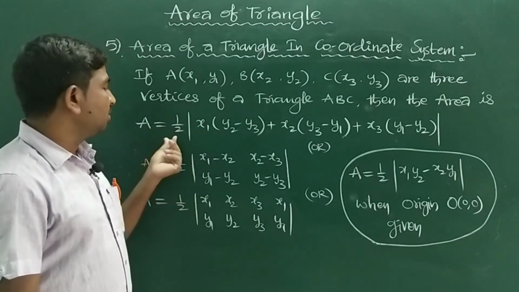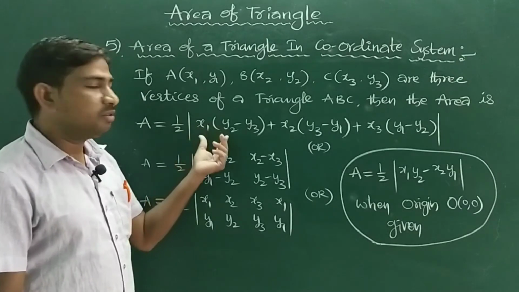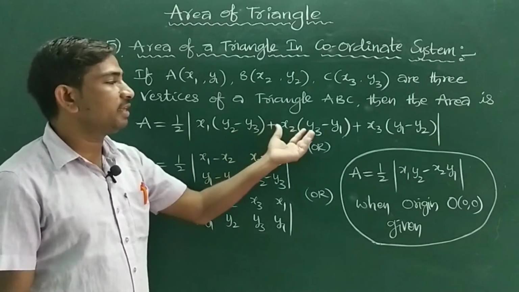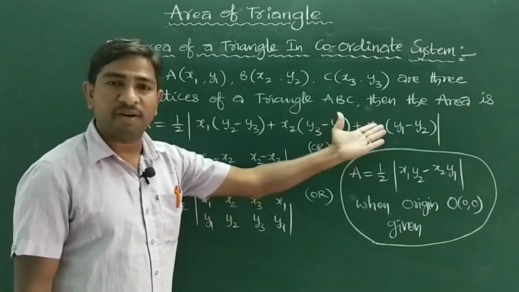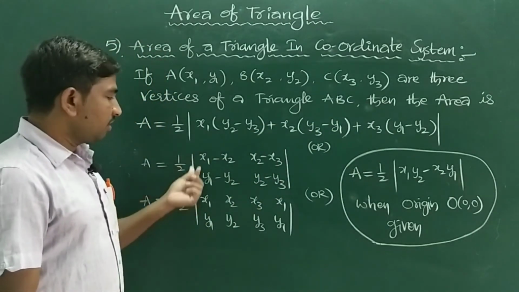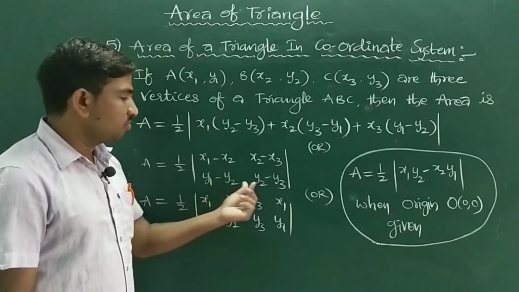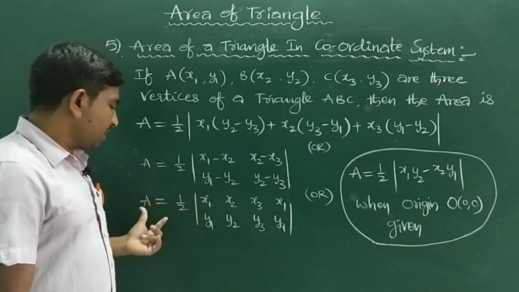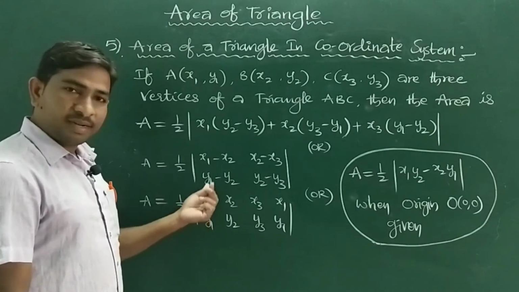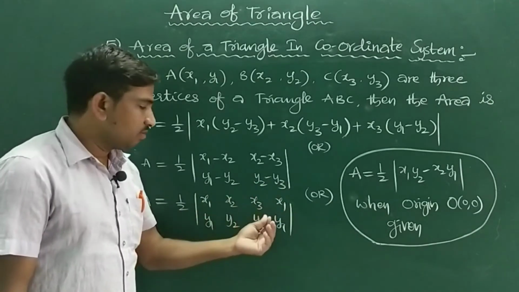Area is equal to half of mod, this is called mod, x1 of (y2 minus y3) plus x2 of (y3 minus y1) plus x3 of (y1 minus y2). Or half of mod x1 minus x2, x2 minus x3, y1 minus y2, y2 minus y3, or half of mod x1, x2, x3, x1, y1, y2, y3, y1.